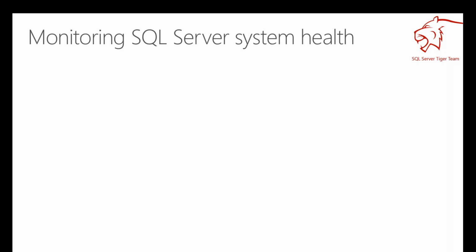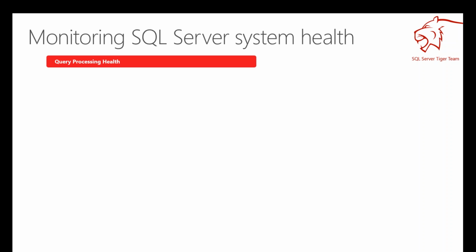Monitoring from SQL Server system health. Starting with SQL Server 2008, and then further enhanced in SQL 2012, we have a system health XEvent session, which is like a black box recorder in your SQL instance, running constantly and capturing important metrics that give us a lot of information about what might be going wrong in a particular SQL Server environment.